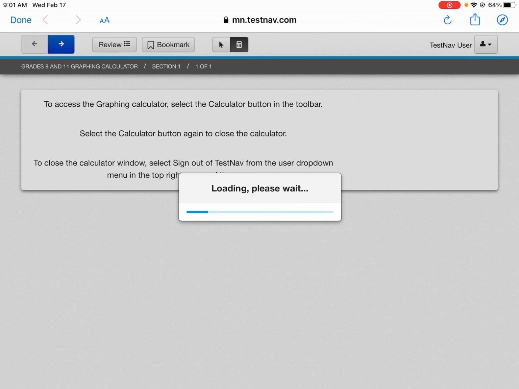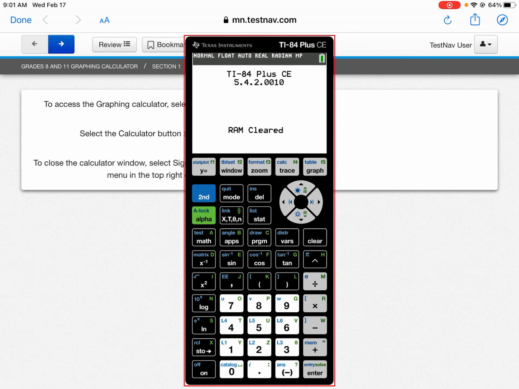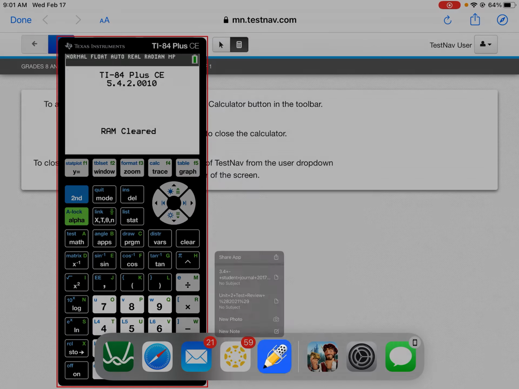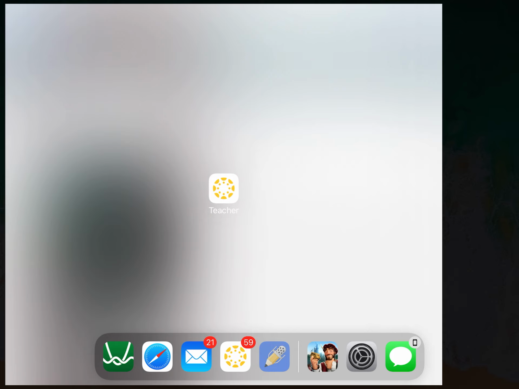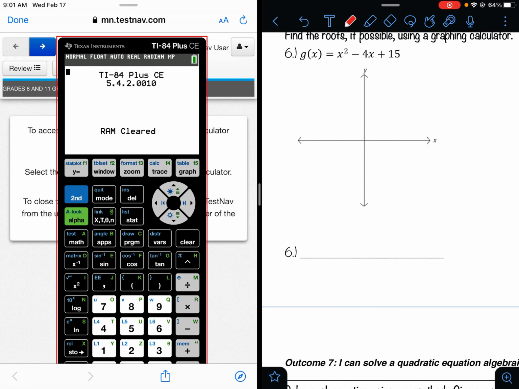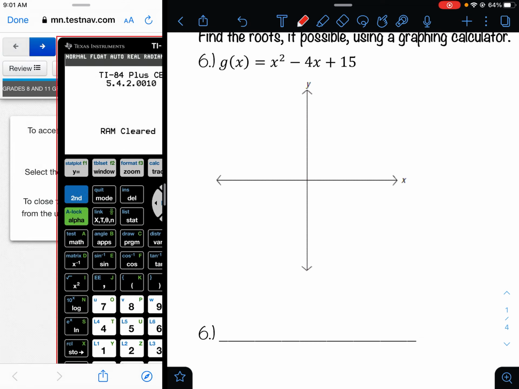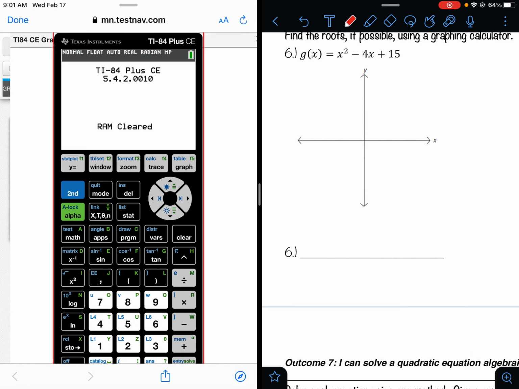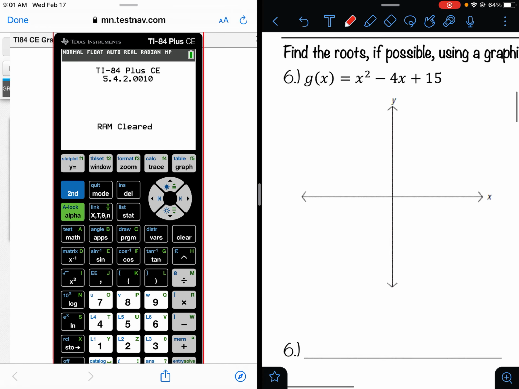Probably should already have this ready to go, but it's okay. Put that over there. So now I'm going to bring up Notability. There we go. I don't think it's going to let me. Nope, won't let me do that. Okay, so we're just going to have to deal with it halfway.